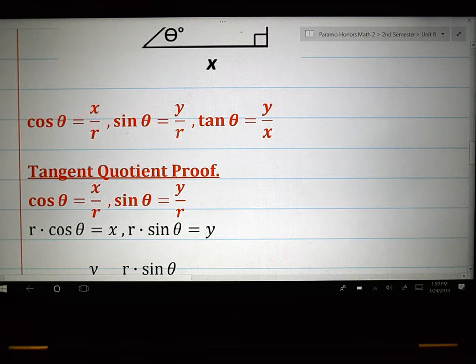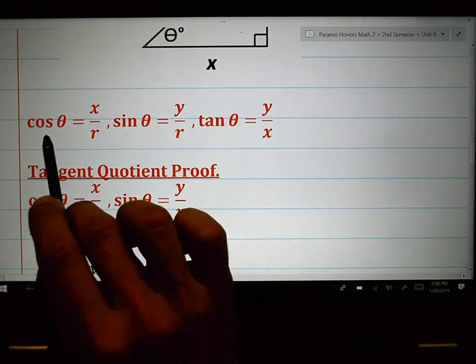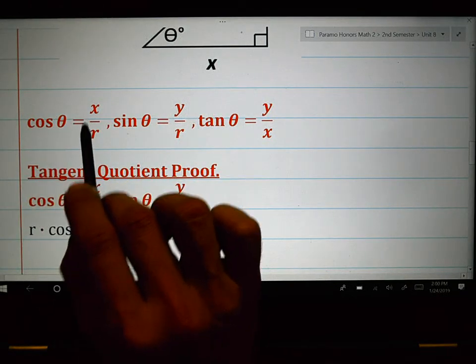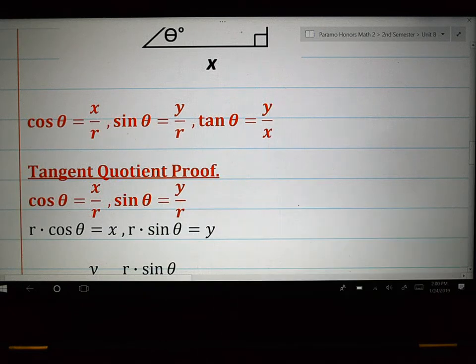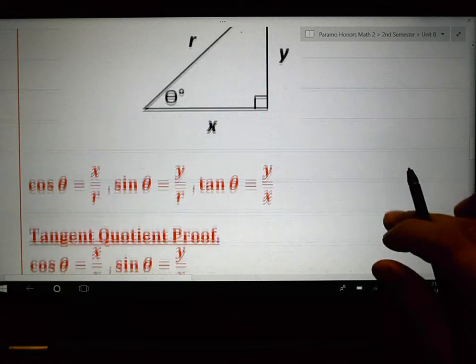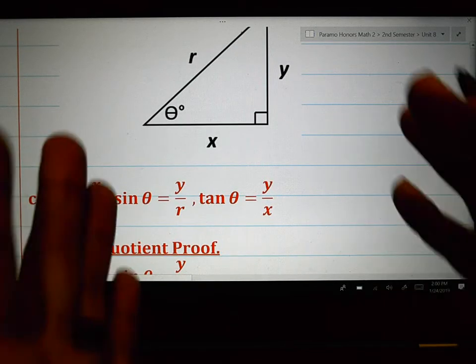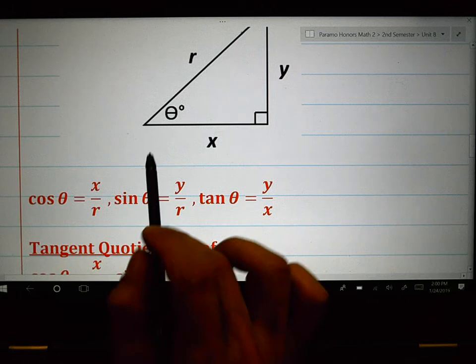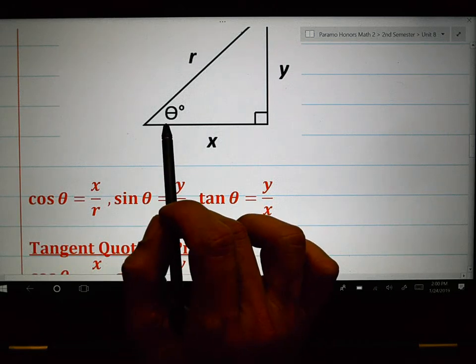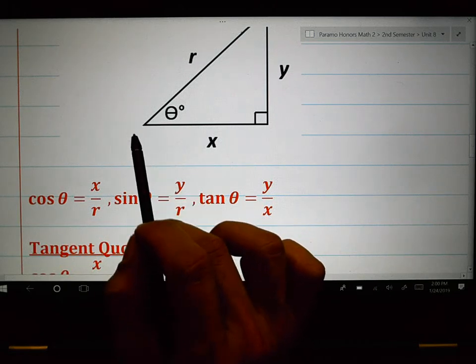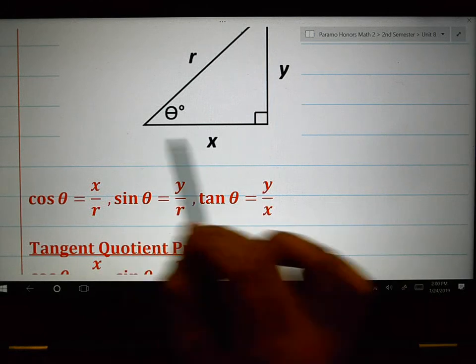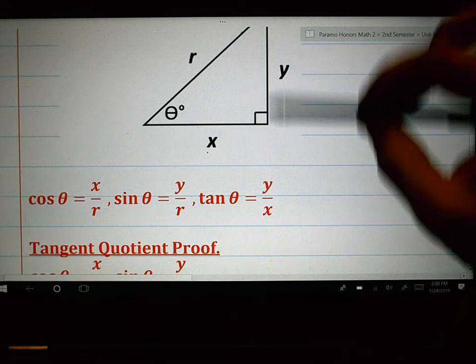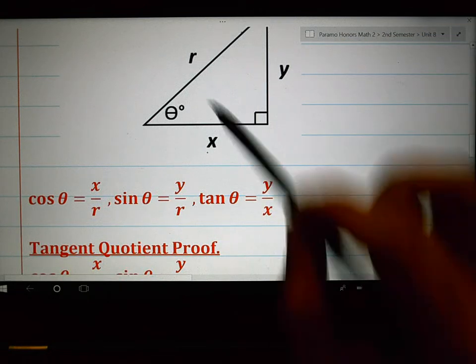I am hoping that you got that the cosine of theta was x over r, that the sine of theta was y over r, and that the tangent of theta was y over x. If that's what you got, please raise your hand. Wonderful, that's everybody. Now, the whole reason we do number 3 is because for any angle, it doesn't matter if it's in quadrant 1 or quadrant 2 or quadrant 3 or quadrant 4, if we know what the reference angle is, there's always a horizontal component, a vertical component, and a radius.